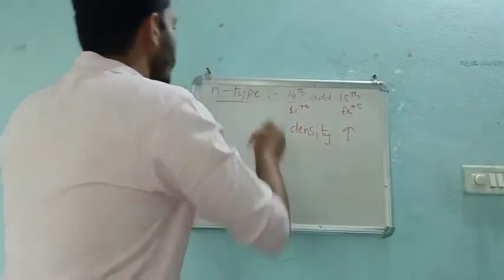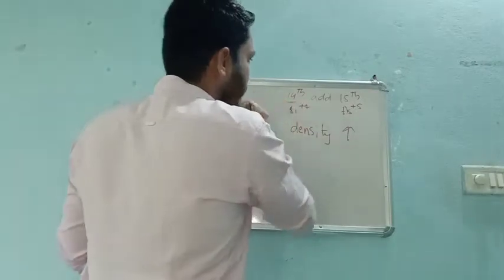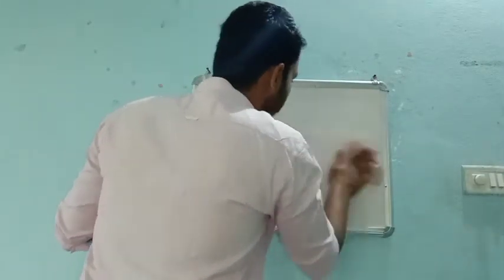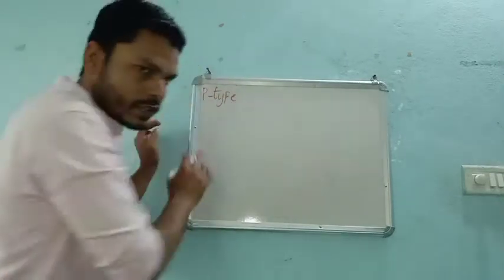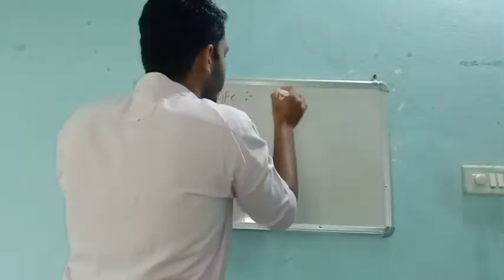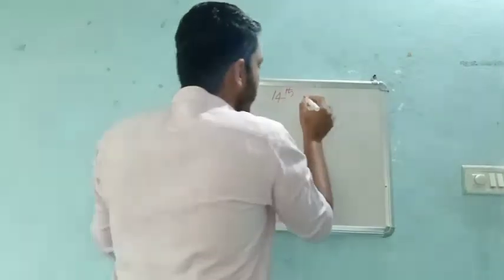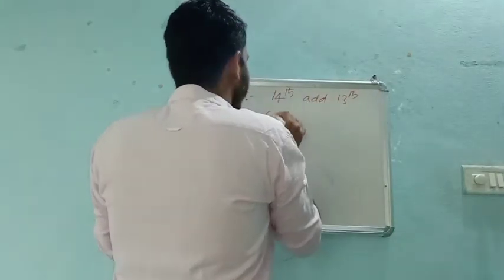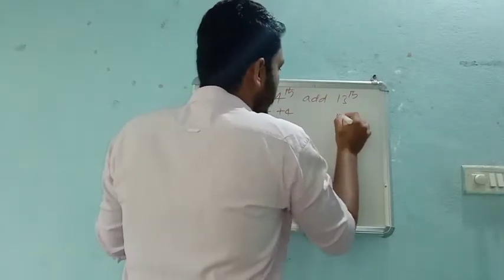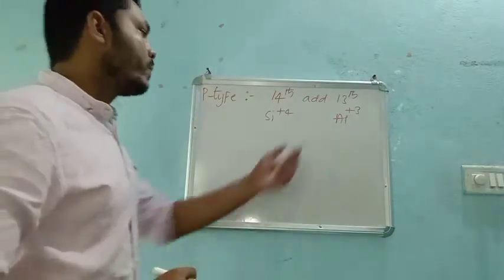Now coming to P type. This is the extra character I am discussing about P and N type. P type is, as you know very well, positive charged. Here also we took the same example of 14 group as a host. To that host we add an impurity of 13th group, and aluminium is the best example.